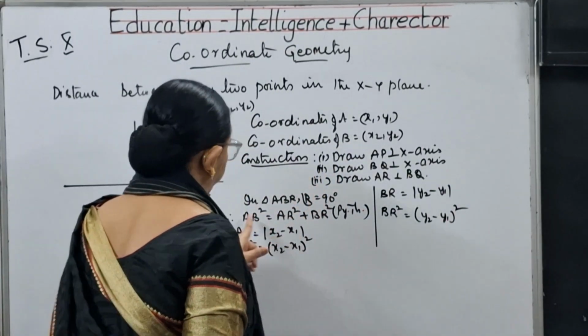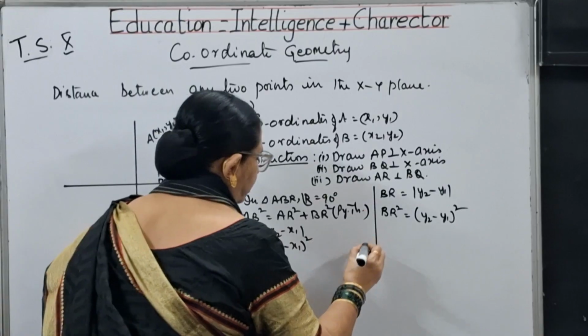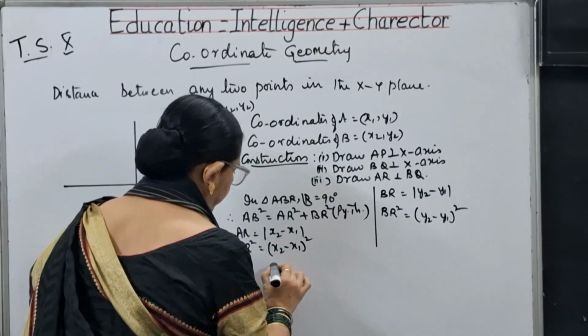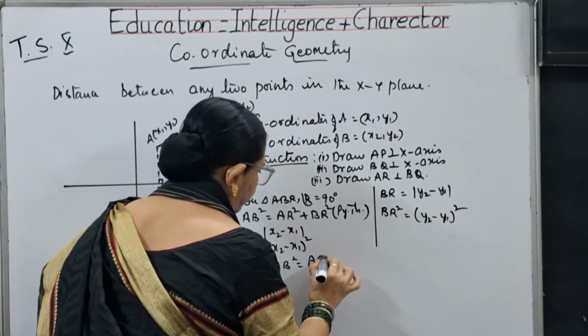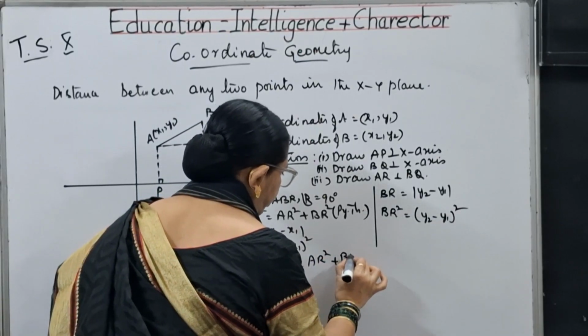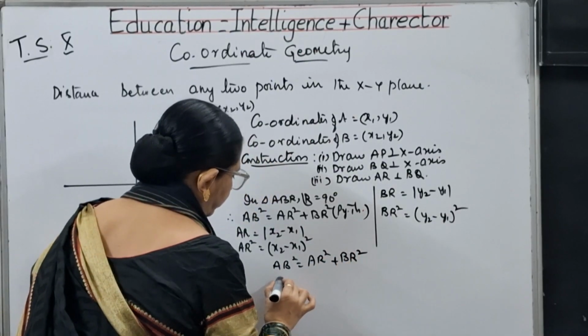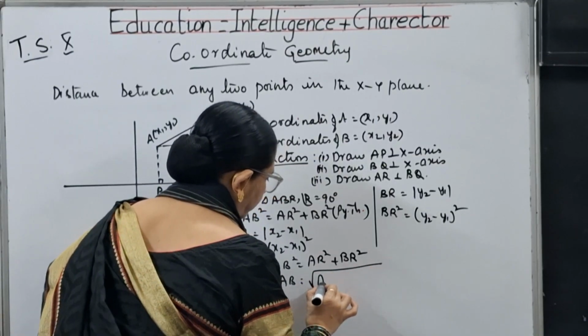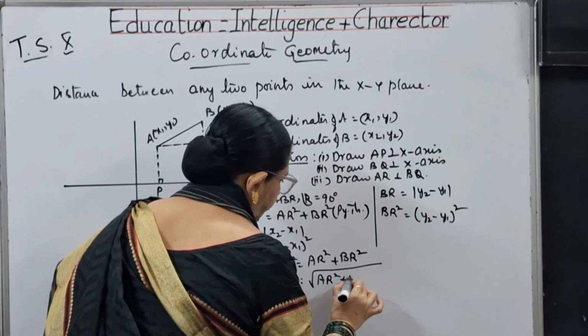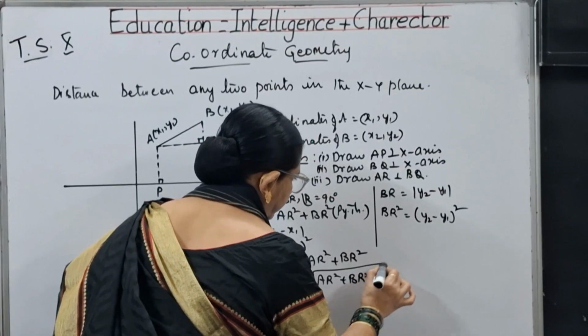Now the problem is AB square. I'll do it here. AB square is equal to AR square plus BR square. That means what is AB? Root of AR square plus BR square.